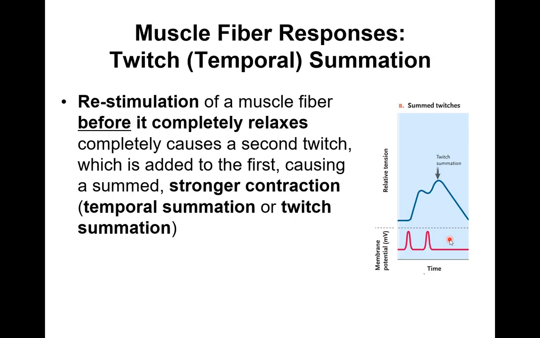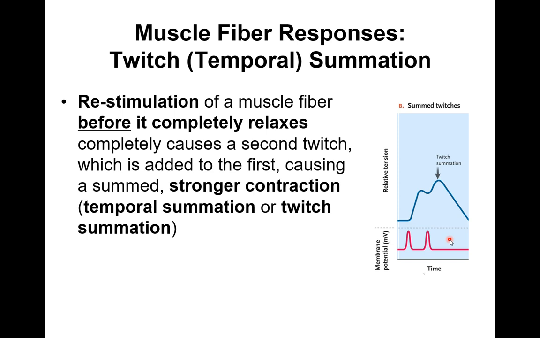So at that point, what you have is temporal summation. Do you remember when we were talking about the nervous system and the synapses between two neurons? We talked about temporal summation as the summation of graded potentials that took place when the same synapse was firing with a certain frequency.